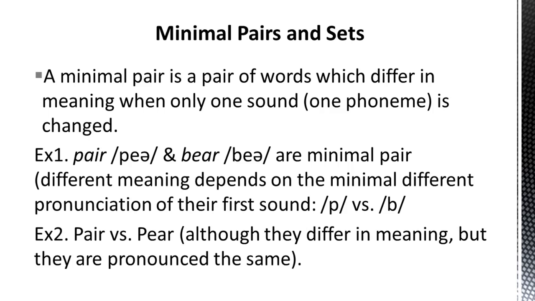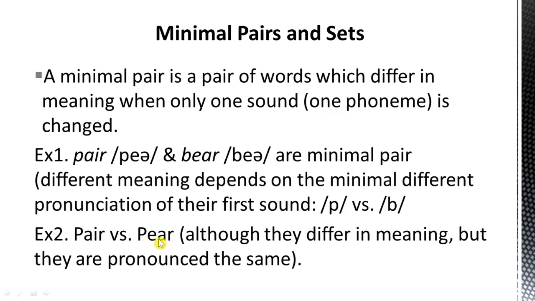Another example is pear and pair. We can see that both words, even though they are different in meaning, are pronounced the same: the first is pear and the second is also pear.